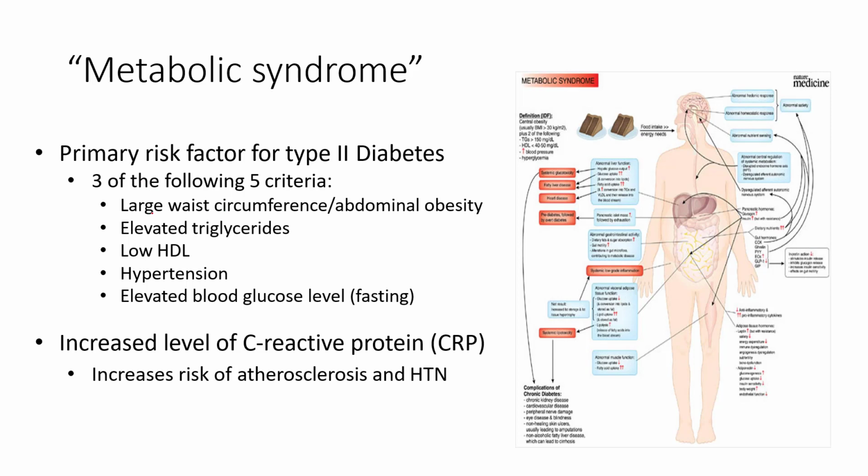Those are a large waist circumference, elevated triglycerides, low HDL, so low high-density lipoprotein, and HDLs are basically like our scrubber bubbles, which eat up and absorb all that low density lipoprotein, which causes plaque lesions. Then hypertension or elevated blood pressure, and elevated blood glucose. So it's not full-on diabetes, but their blood glucose is poorly controlled.